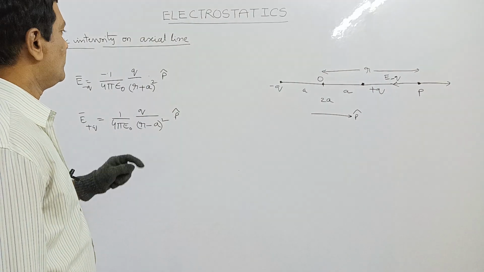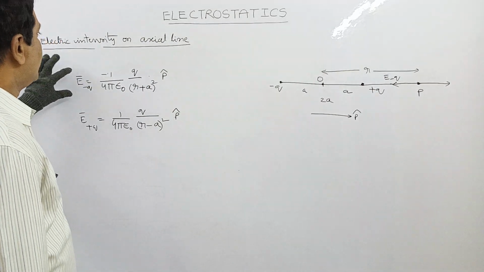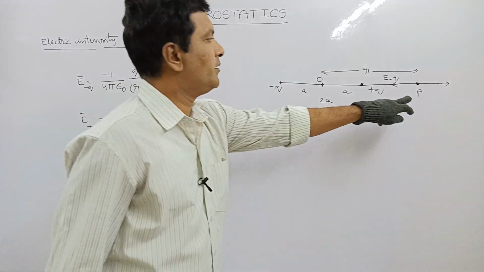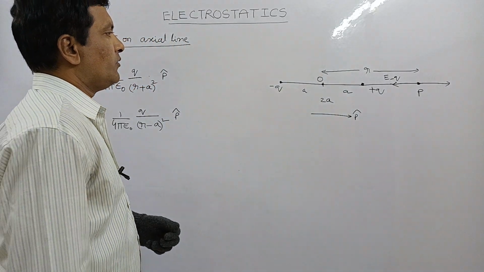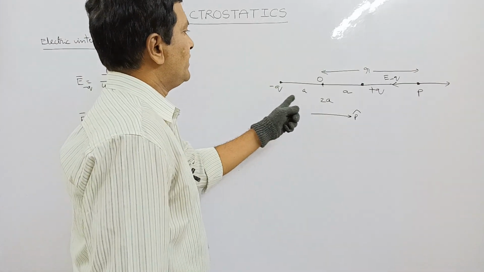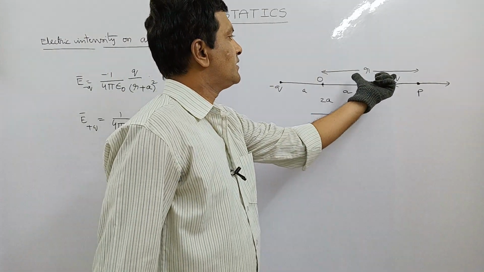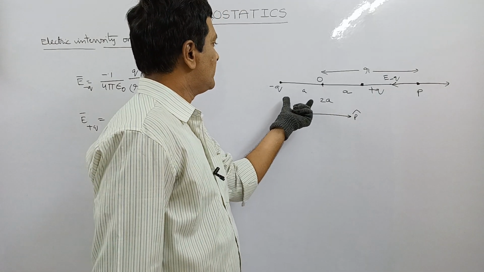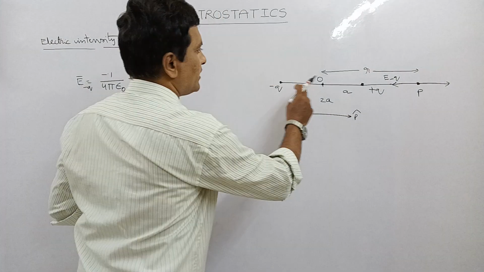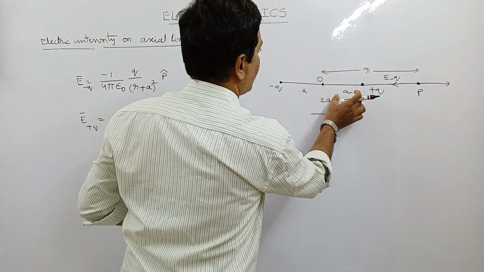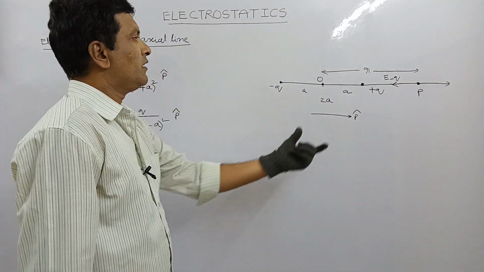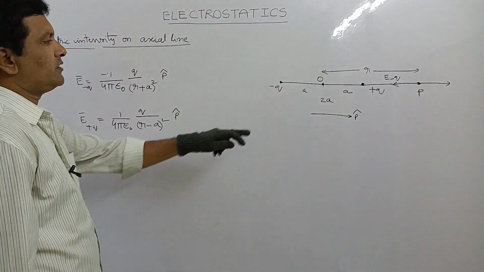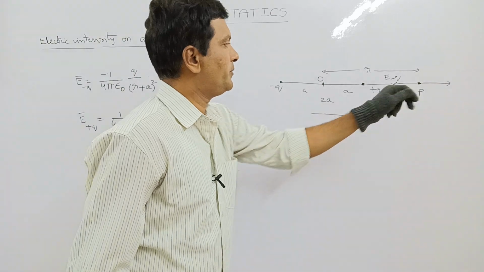Here I have written r plus a. This is the electric field due to the point charge minus q at the point P. The distance between the charge minus q and point P is the distance r from the center of the dipole plus the distance a. The total distance is 2a and half of the distance is a. That means r plus a is the distance between the charge minus q and the point P.